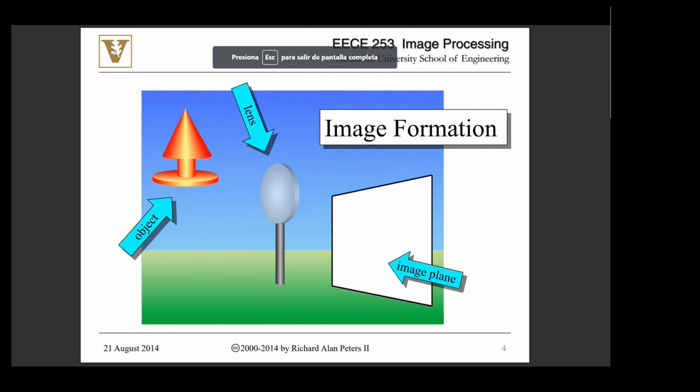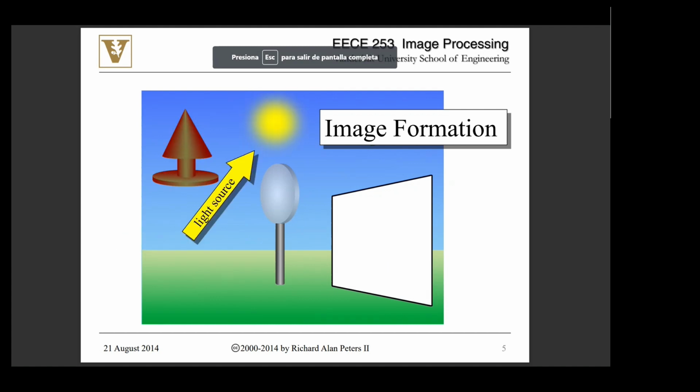We will go into the details along the course, but knowing how the image is formed is extremely important, especially when you want to invert it, because very often this optical system degrades the image. And if you want to restore the original image, to undegrade the image, you need to know how the image was formed.